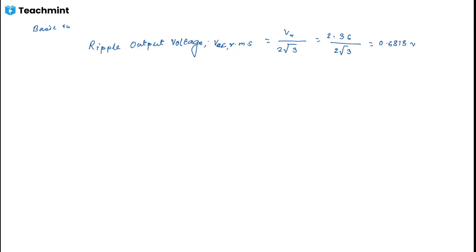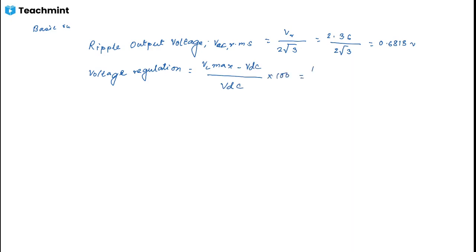And last is voltage regulation. Voltage regulation is equal to VL max minus VDC by VDC into 100.